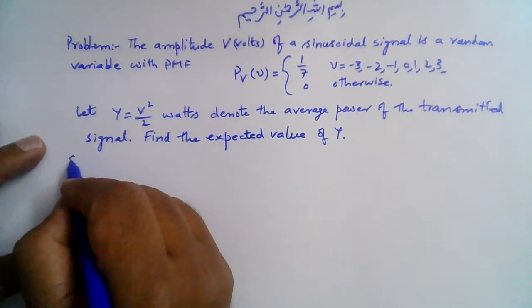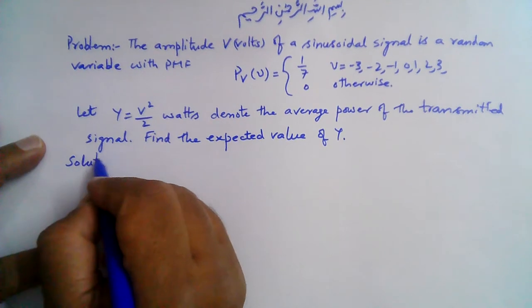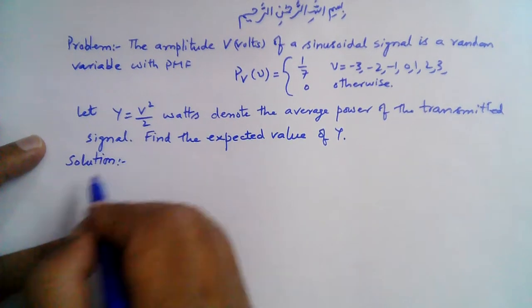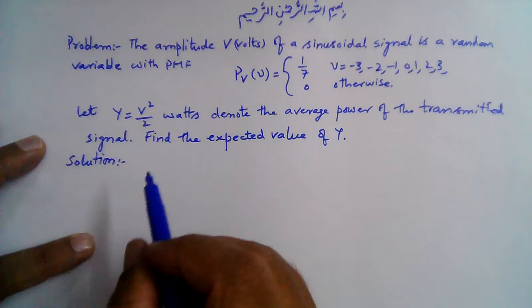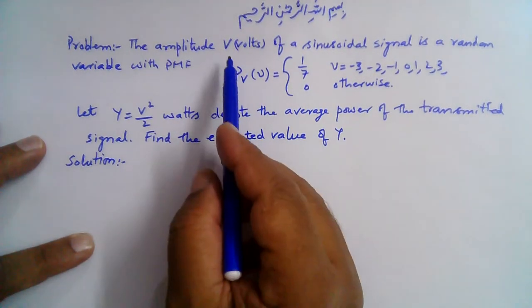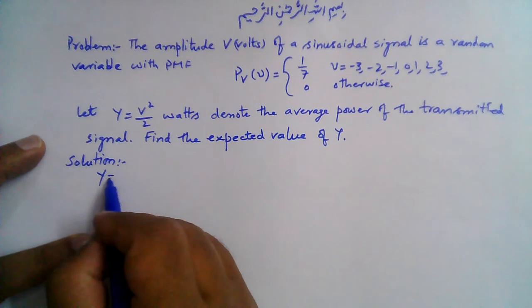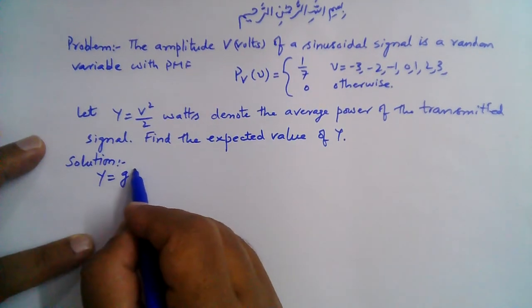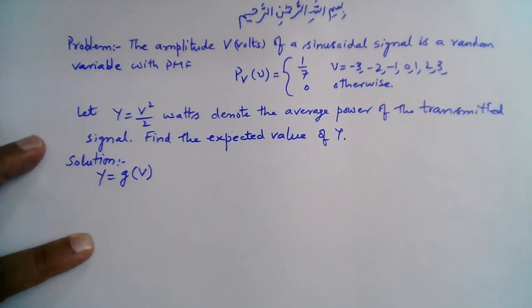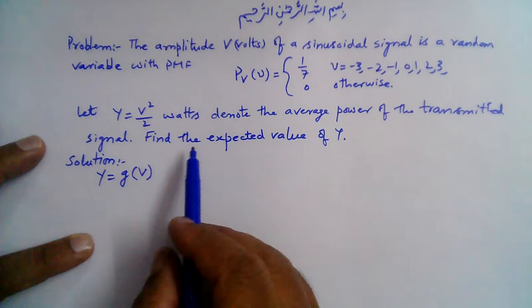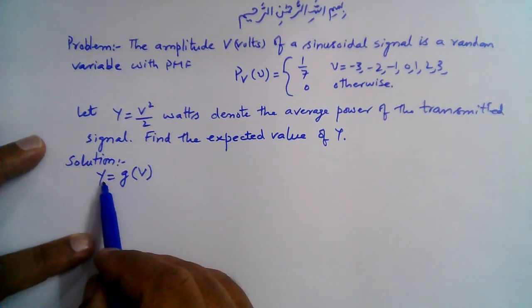So Y here is a derived random variable which is a function of this discrete random variable V. So we can write that Y is some function of this random variable V like this, right? We can find the expected value of this derived random variable in two ways.